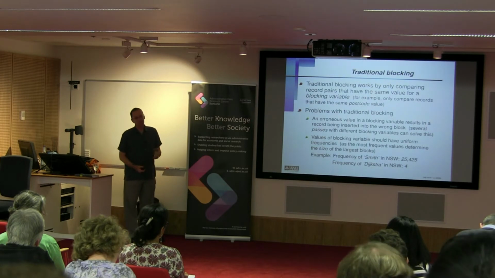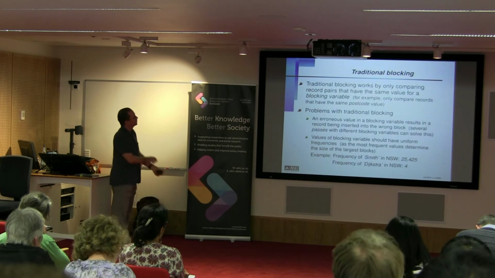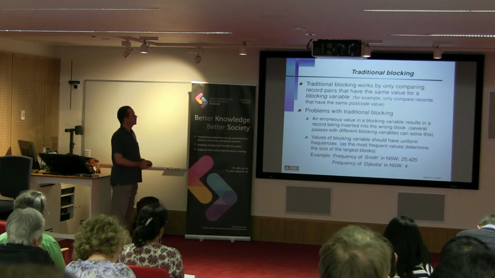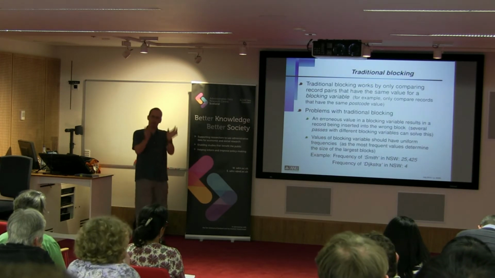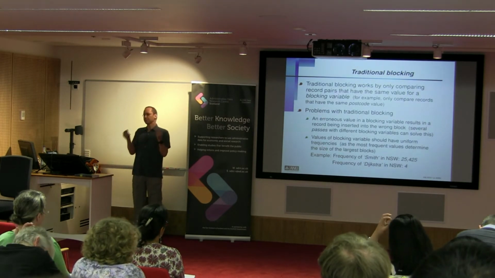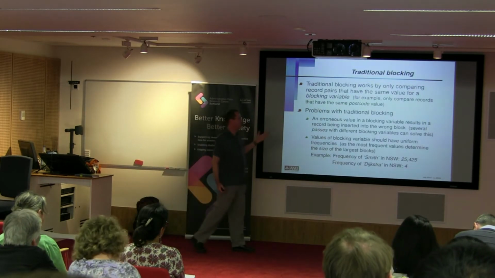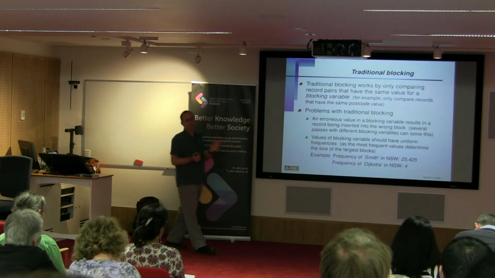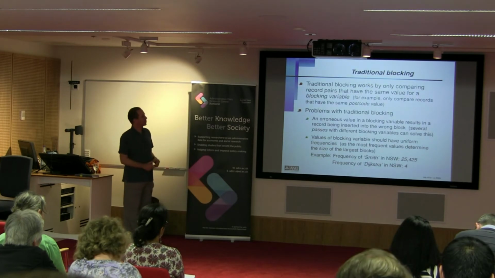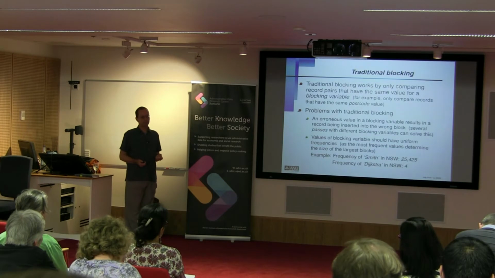Right. So traditional blocking was developed in the 60s as part of the Fellegi and Sunter approach. We basically look at certain attributes or fields in our database and only compare records which have the same value. So an example might be, we know that postcode is often a potentially highly accurate attribute. Let's just compare people who have the same postcode.